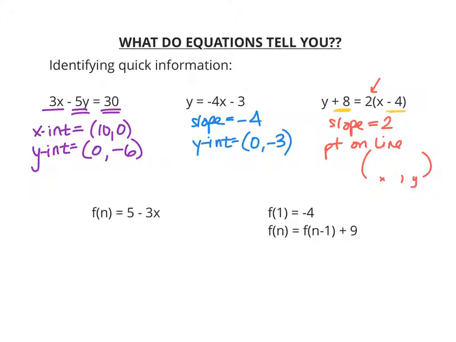Notice the x value here says negative 4, so the opposite of negative 4 is positive 4. The y value here is positive 8, so the opposite is going to be negative 8. You see how that gives you that information? We'll practice a few like that in class tomorrow.